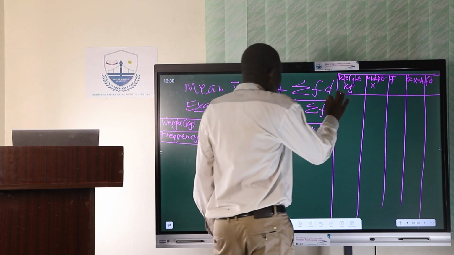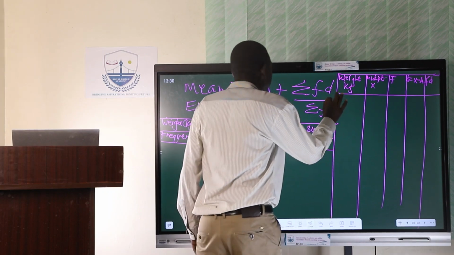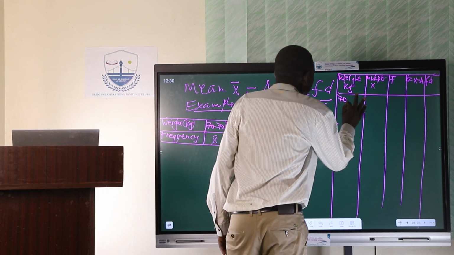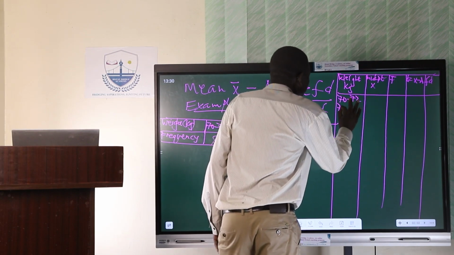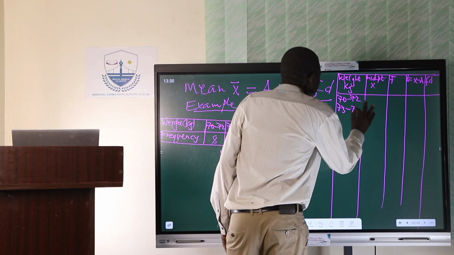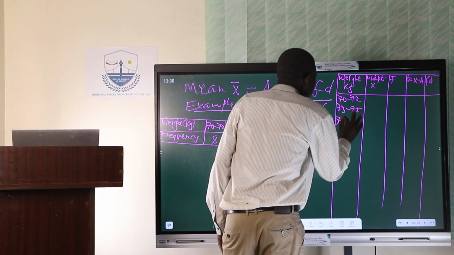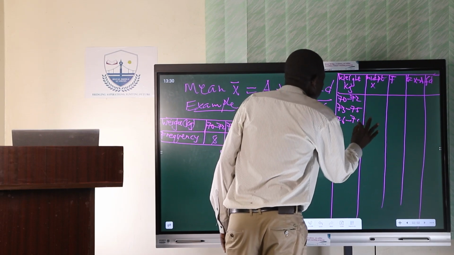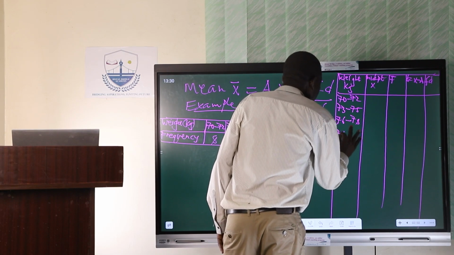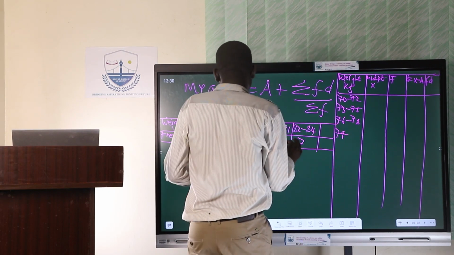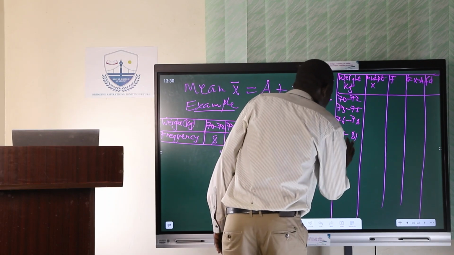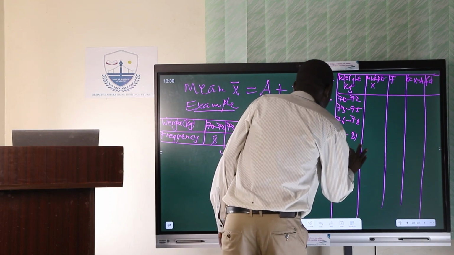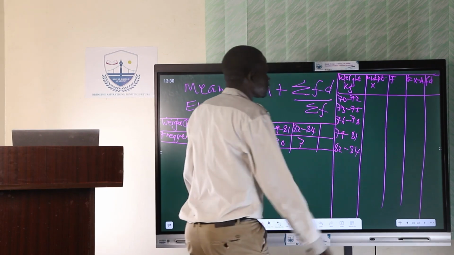The values of weight are in the form of a class. We have the first class, 70, 72, 73, 75, 76, 78, 79 to 81, 82, 84.